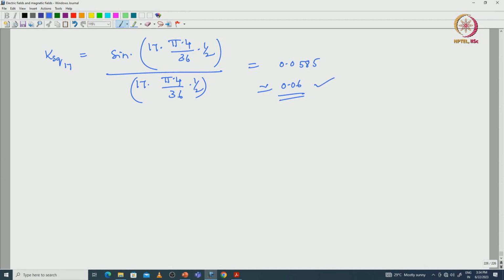This is the skewing factor value for the 17th harmonic. Similarly, if we summarize for the harmonic order v, the spatial harmonic, and skewing factor KSQ for the harmonics 1, 5, 7, 11, 13 and 17, 19, 23, 25, 29, 31 and 35 and finally 37.